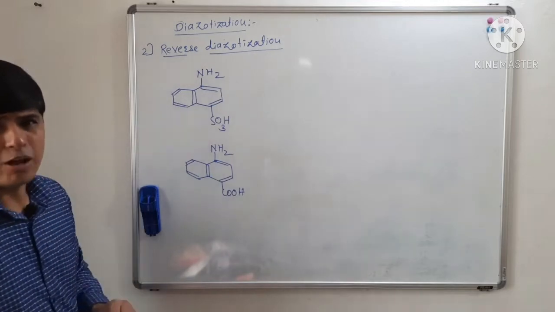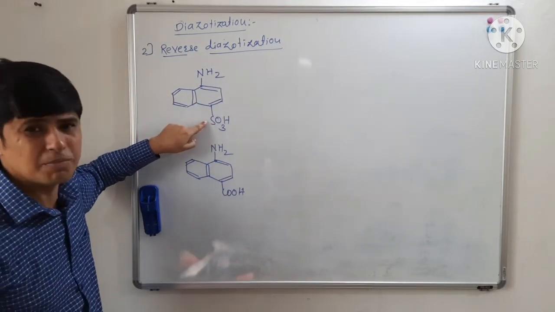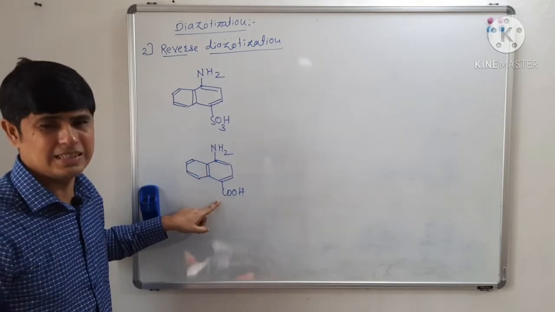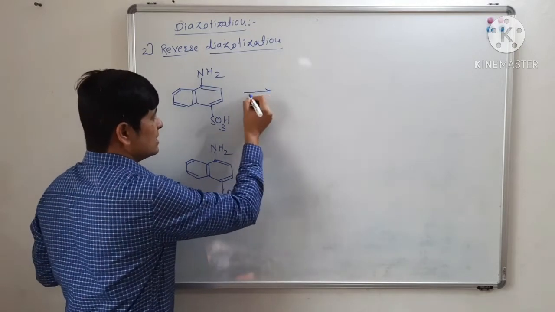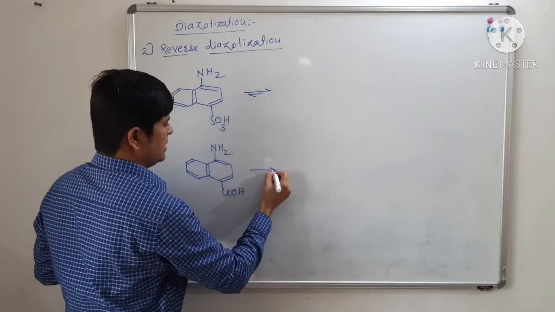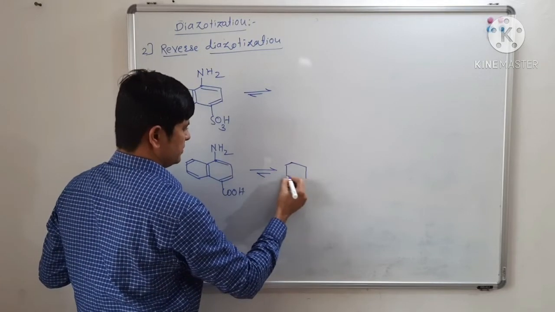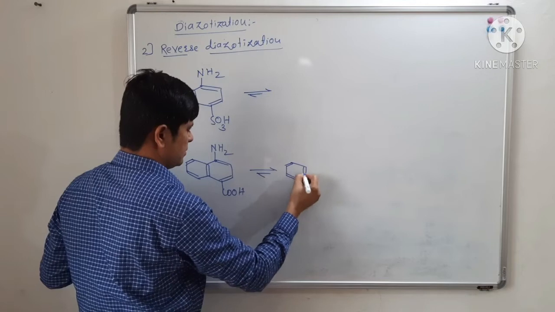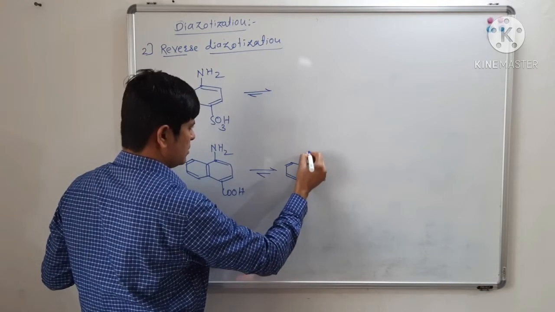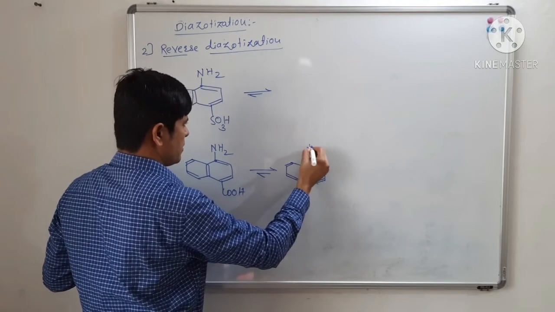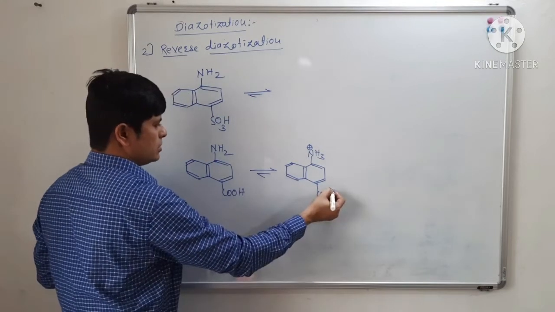when an aromatic amine contains an acidic group on its structure, either sulfonic acid or a carboxylic acid, then such type of compound can exist in its zwitter ionic form. Isn't it? So this is what a zwitter ion.